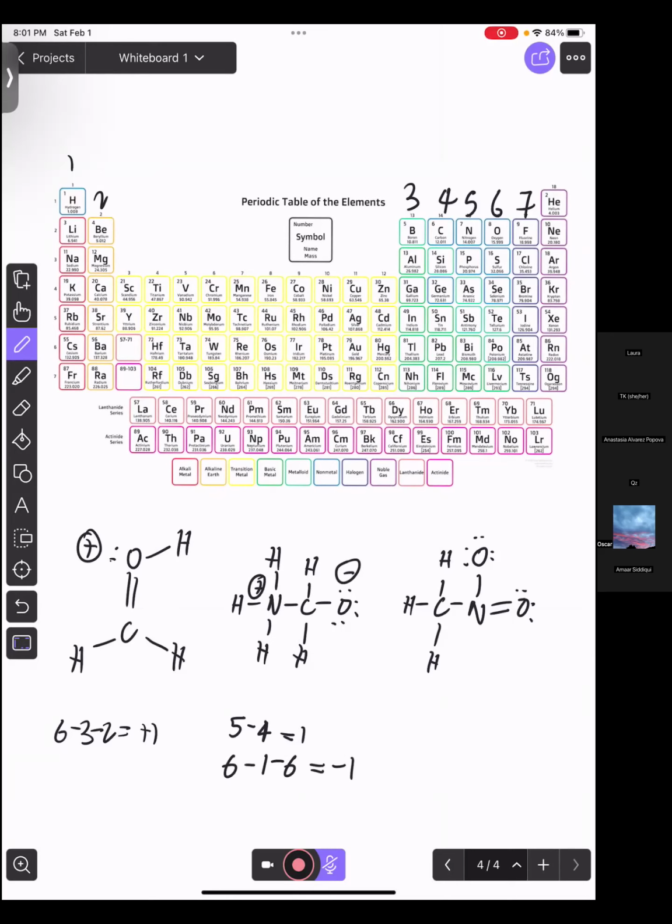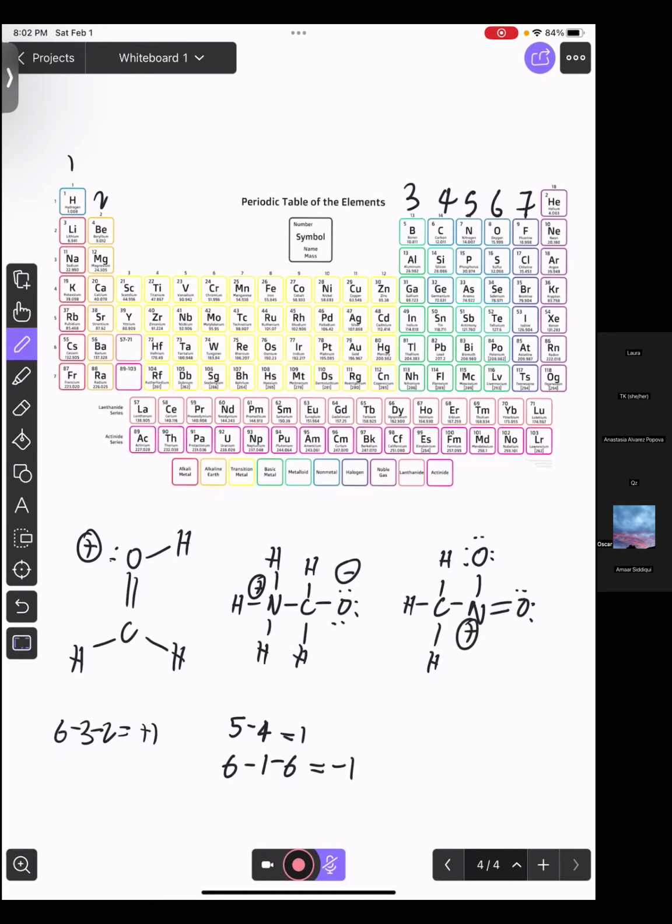Okay, let's look at the final one. I love this one. This one is really nice. Okay, so carbon looks good. Nitrogen is making four bonds. I think I can tell now when nitrogen is making four bonds, that usually means it's going to be positive.